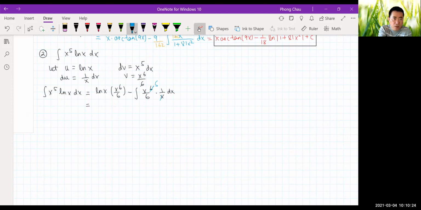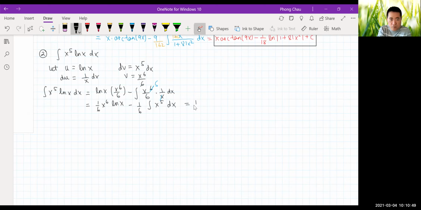So if you rewrite, again, let me rewrite, putting that as 1/6 x to the 6 times natural log of x minus, and I also have 1/6 in front, the integral of x to the fifth dx.